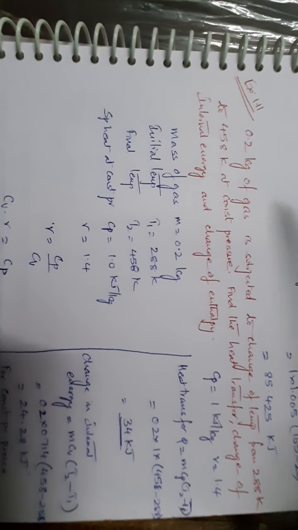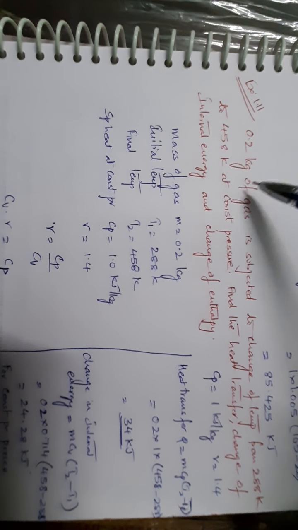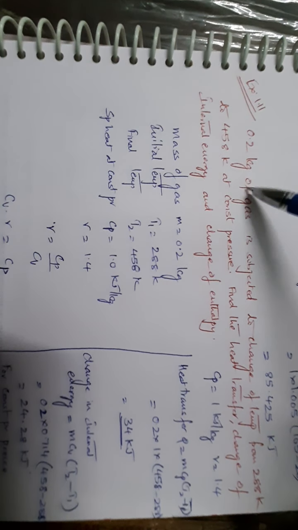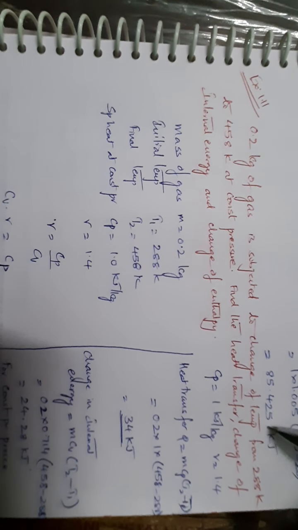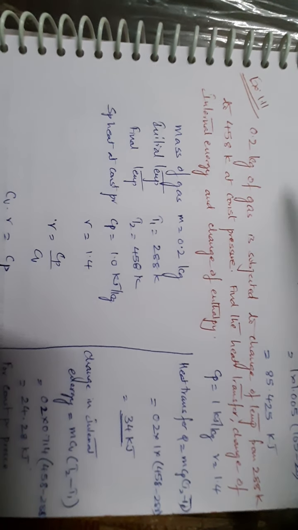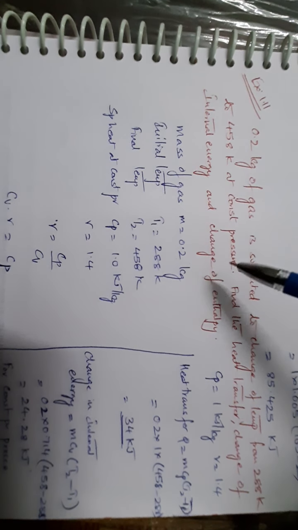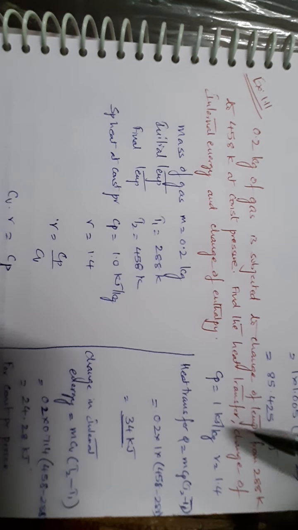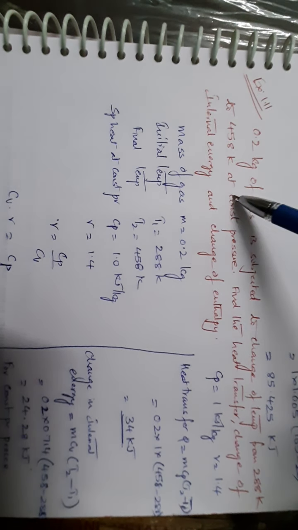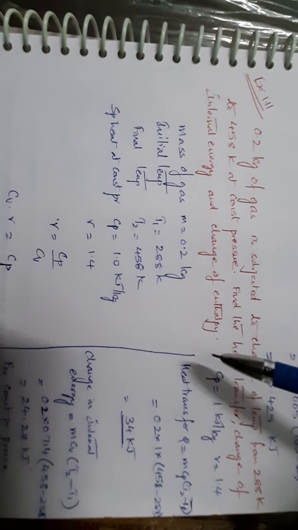In the problem it is given that 0.2 kg of gas is subjected to change of temperature from 288 Kelvin to 458 Kelvin at a constant pressure. Find the heat transfer, change in internal energy and change of enthalpy.